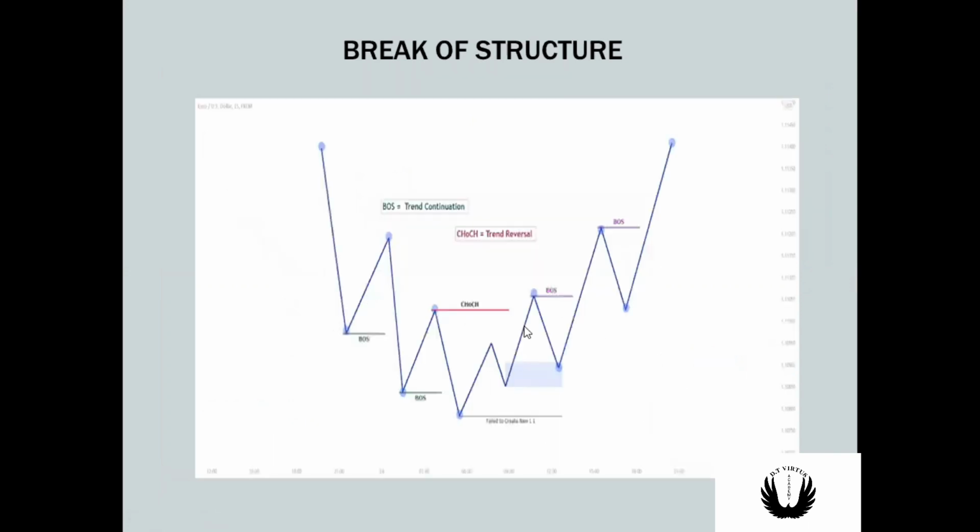Now for the bullish market, we have a high, low, then higher high, higher low, higher high, higher low. As the market is breaking our higher highs, it shows that we are buying more.